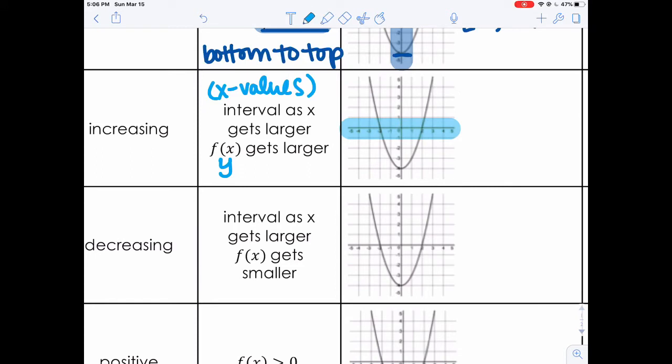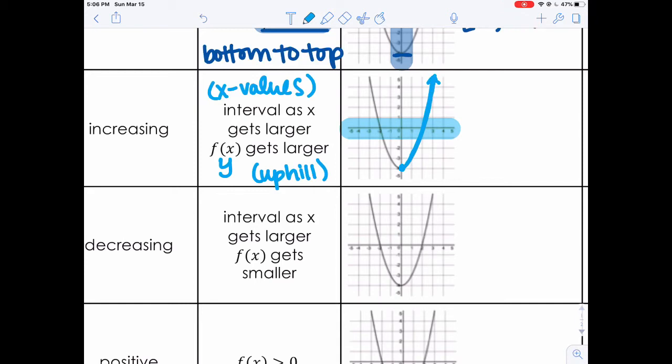So at what intervals or which parts of the graph would I be climbing uphill? If that makes more sense to you, you can add that note. The uphill portion. So from here at the vertex, all the way to the right side. If I'm looking on the right of my vertex, all of that is going uphill.